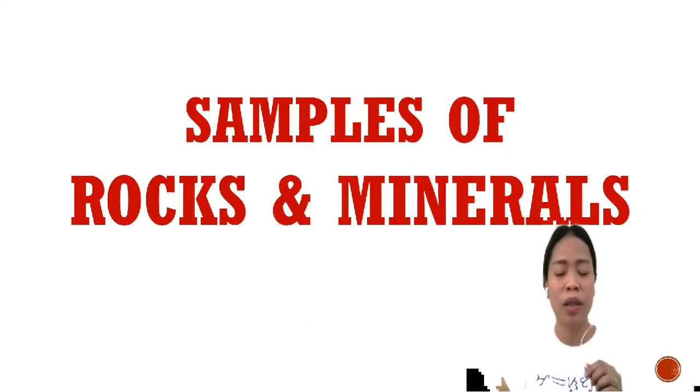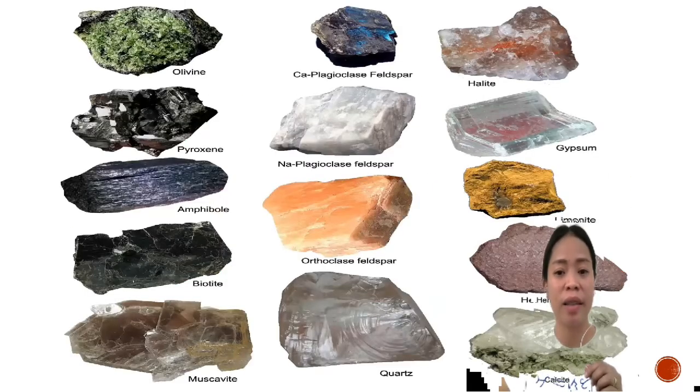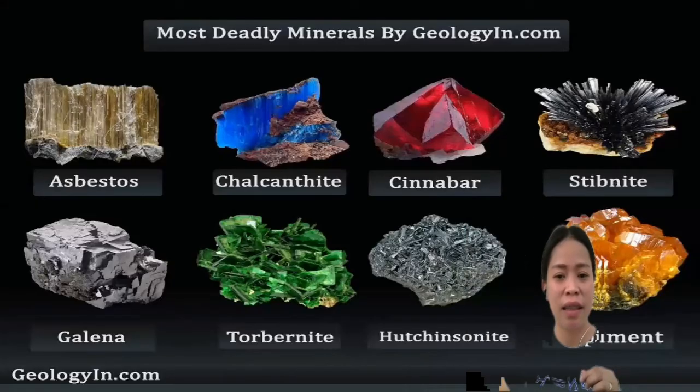I am going to show you samples of rocks and minerals that are found all over the planet. Look at the different colors, their physical characteristics, the luster, and others. These are some of the most deadly minerals according to geologyim.com. Why is it deadly? Because some of these contain elements which are harmful to our health.